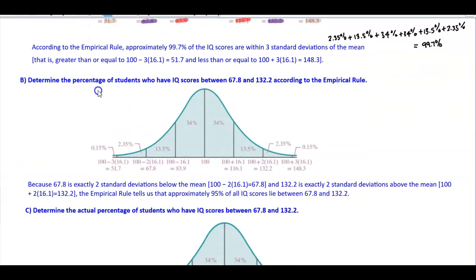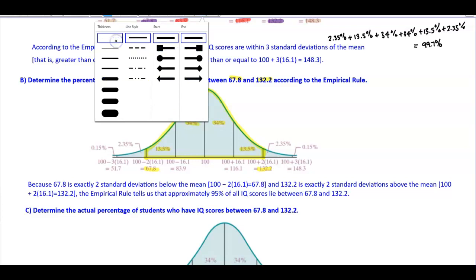Now let's determine the percentage of students who have IQ scores between 67.8 and 132.2 according to the empirical rule. Let's highlight that. Here's 67.8, and the next value is 132.2, which is here. So now we're going to add 13.5% with 34%, 34%, and 13.5%.